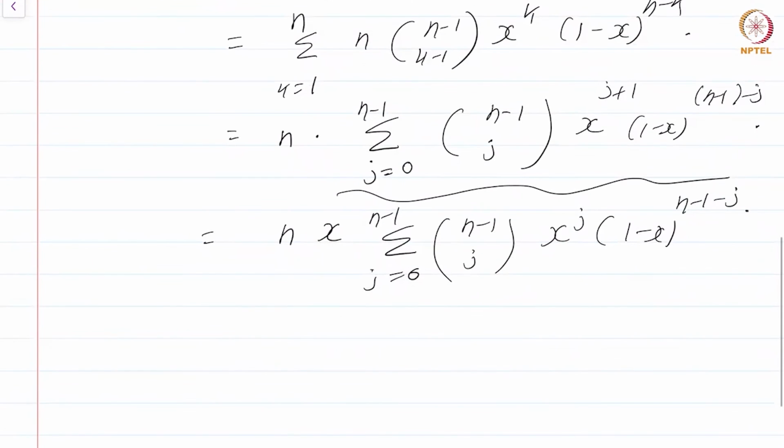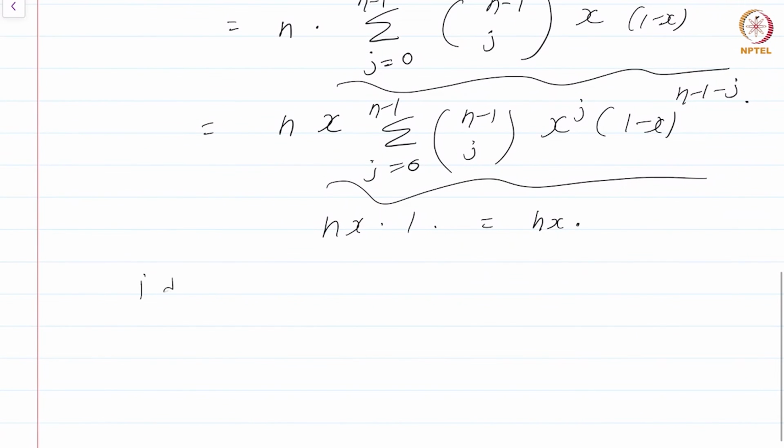Now this should look very familiar. From the first part, this is just 1. So this is nx into 1. We are just summing up over all Bernstein polynomials of degree n minus 1 now. So that sums up to 1, so you get nx into 1, which is nx. That's it. This concludes the proof of identity 2.